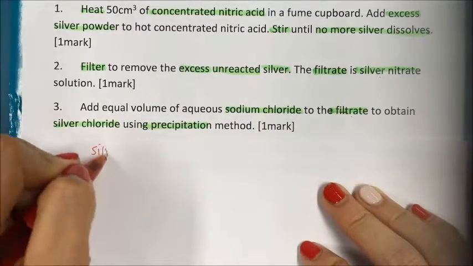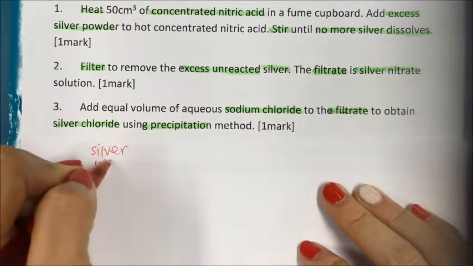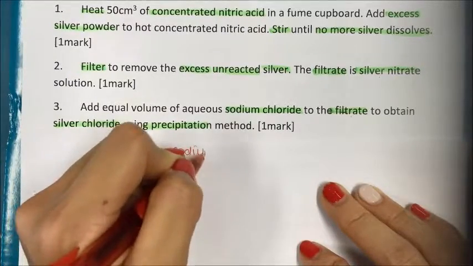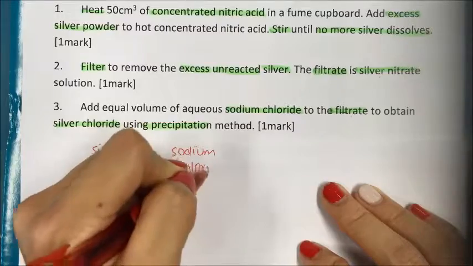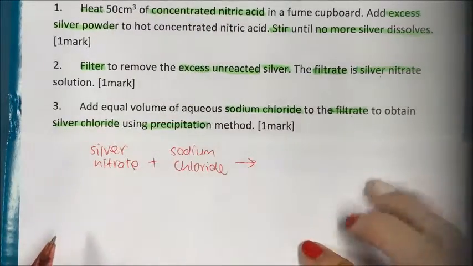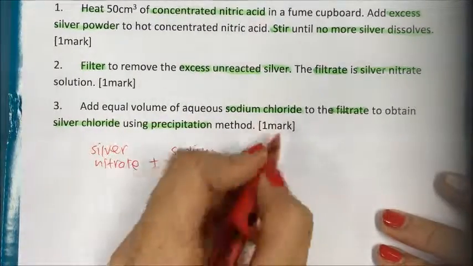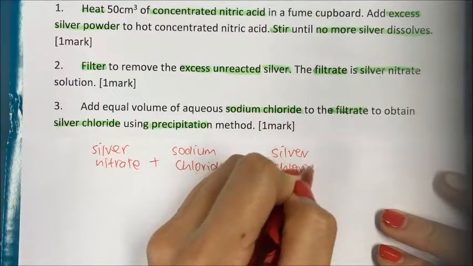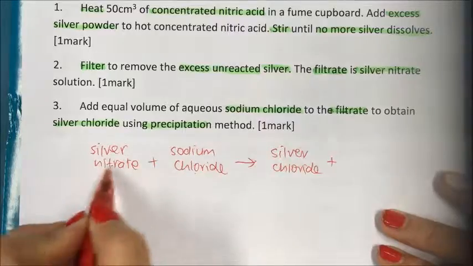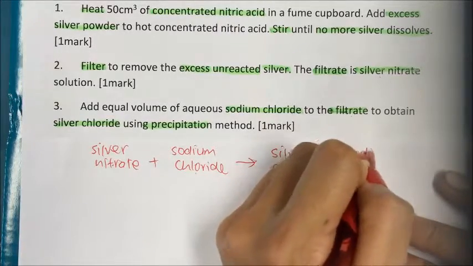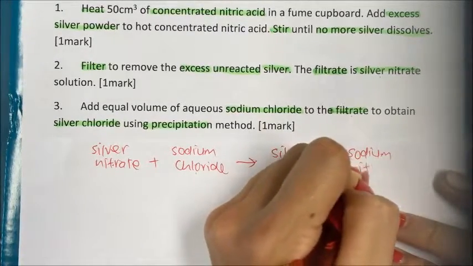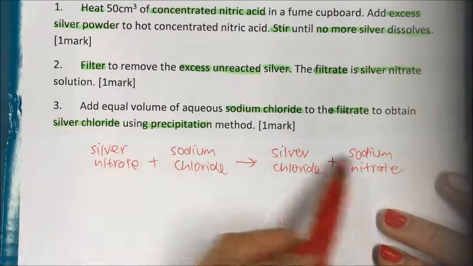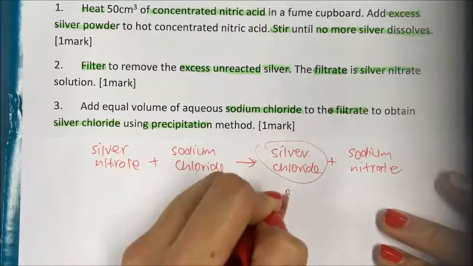So silver nitrate, when it reacts with sodium chloride, what will be produced? Silver chloride and sodium nitrate. Okay, so from this reaction, this is your precipitation method because this is your precipitate.